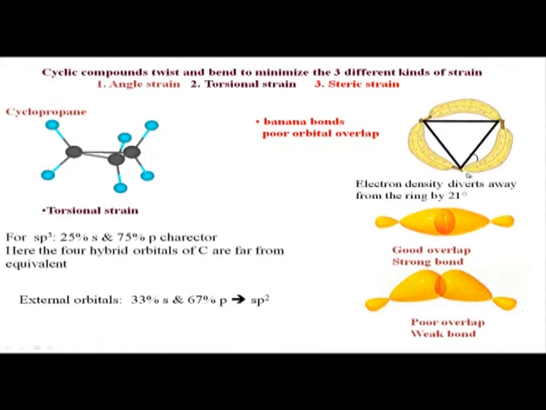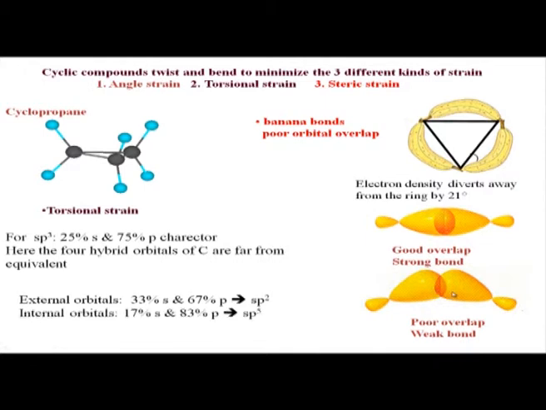I told you about the banana bond. This comes because they approach in an angular fashion. This is the sigma bond, a perfect sigma bond, when they approach in a coaxial fashion. This is the bond which is in between a pi and a sigma. Okay. And so, poor overlap, and that is why this is a weak bond.